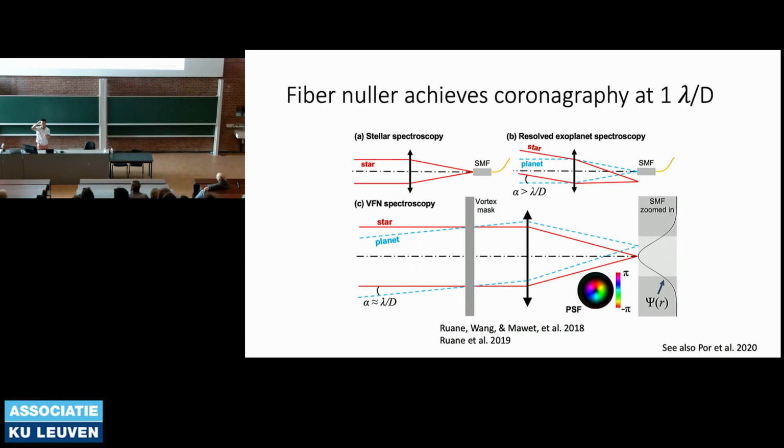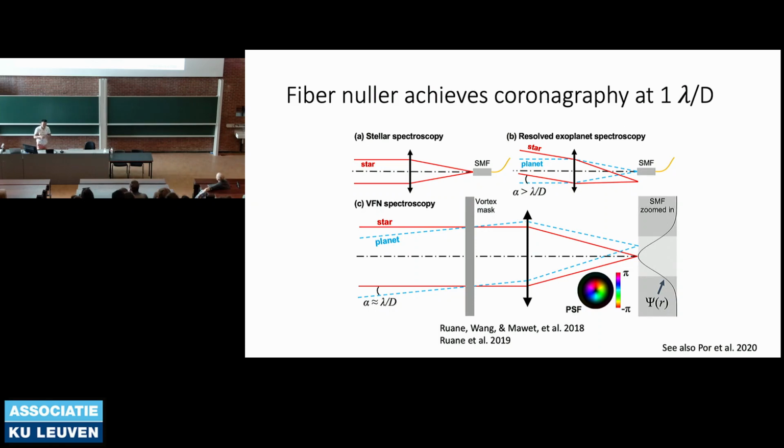So the photons coming from these opposite points will interfere destructively. And the same is the case for every pair of photons as you rotate in the azimuthal angle. So that is how you achieve the on-axis suppression for the starlight, which is in red.